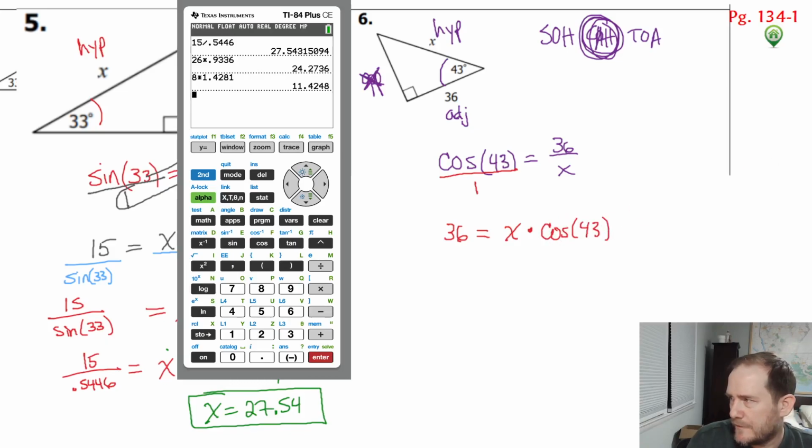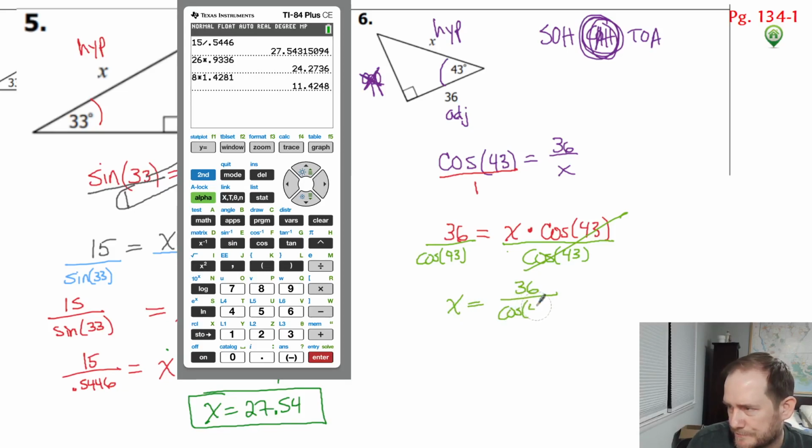That means we have that one more step where if you are trying to get x alone, then you have to divide both sides by the cosine of 43. Those will cancel. And we'll find that x is going to be equal to whatever 36 divided by the cosine of 43 is.